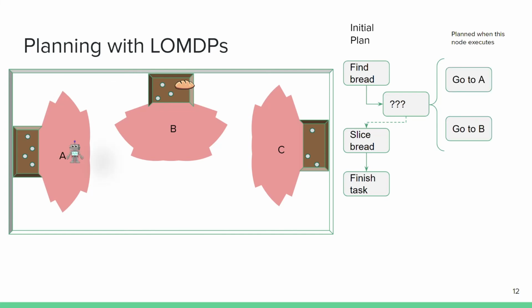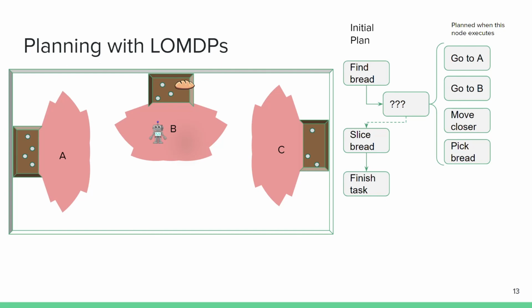Upon reaching that locality, the robot does not observe the bread, so it adds a move action to locality B. From locality B, the robot can now see the bread. Because the state of the bread is now known, the robot can add to its plan that it needs to move closer to the bread, and then pick it up, after which it will be able to continue with its original plan and slice the bread.